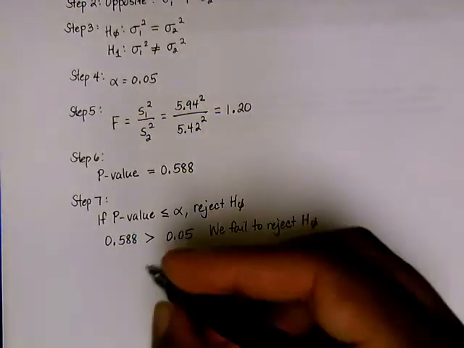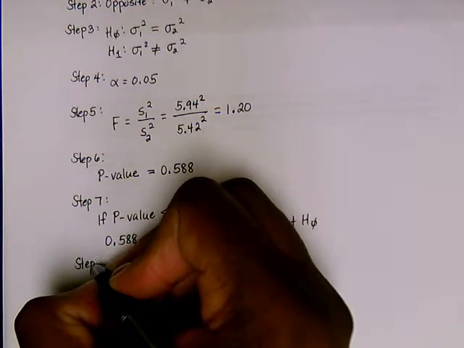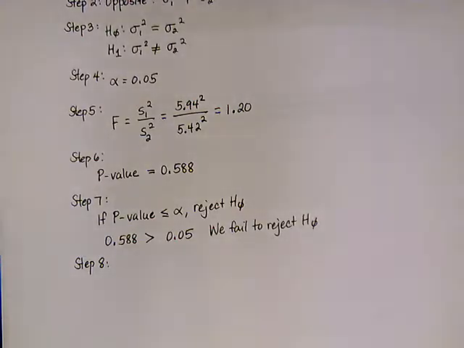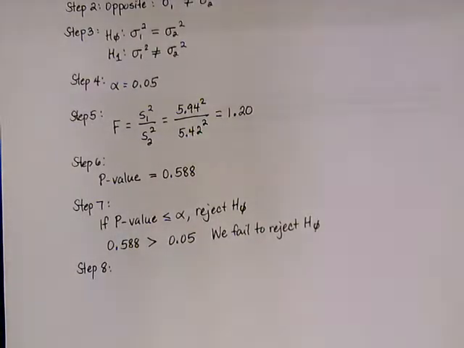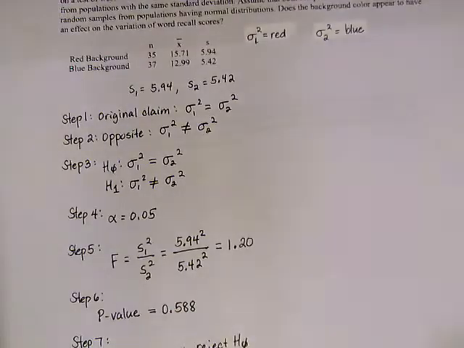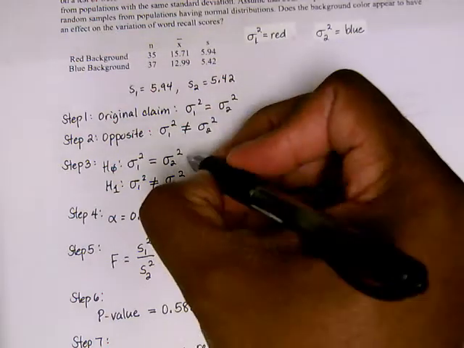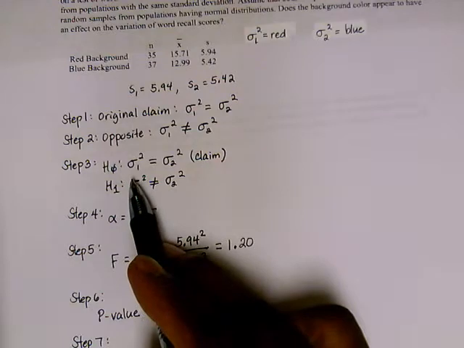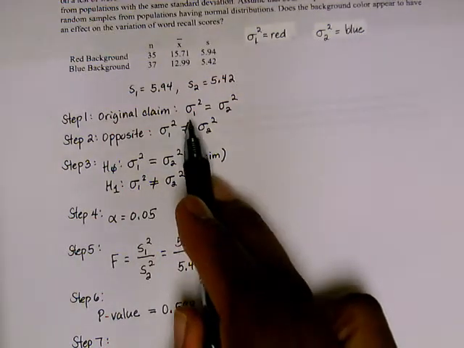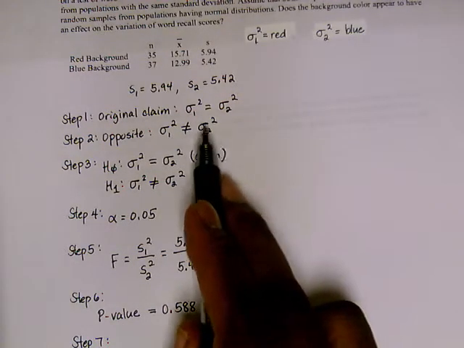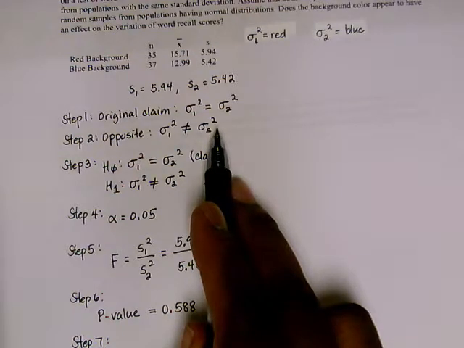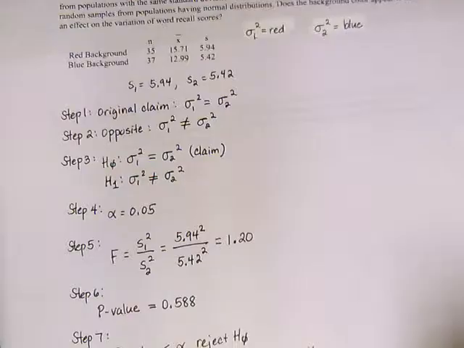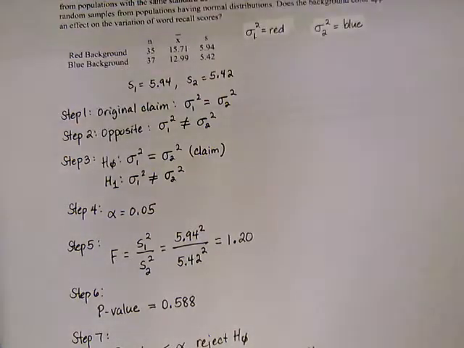When we fail to reject the null hypothesis, we're going to have to write our conclusion statement using simple non-technical terms. In this case, that claim, as I should have mentioned, was the null hypothesis, because the original claim was the populations have the same standard deviation or the same variance. The claim is your null hypothesis. We fail to reject the null hypothesis.